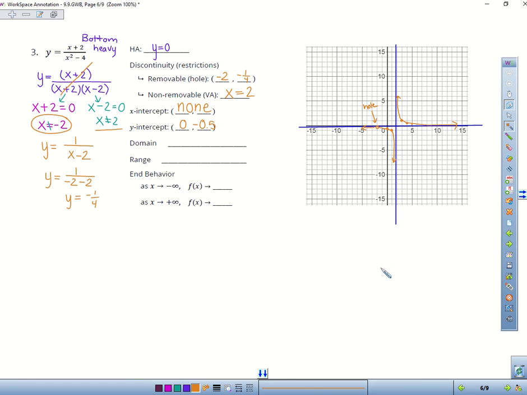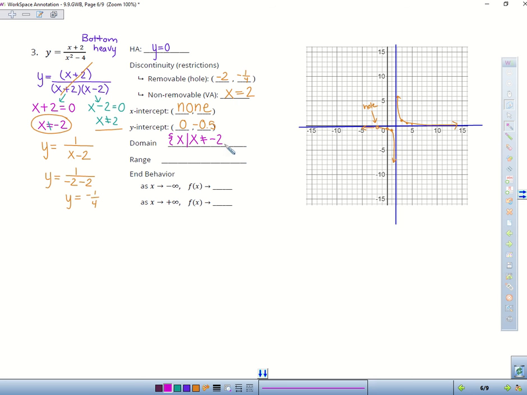Now here's where the domain and range are a little bit more tricky. X can be anything except for what? 0? 0's okay. Except for negative 2, positive 2. Very good.